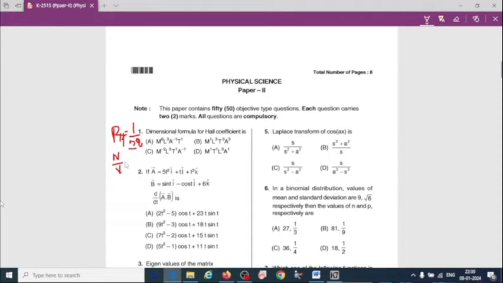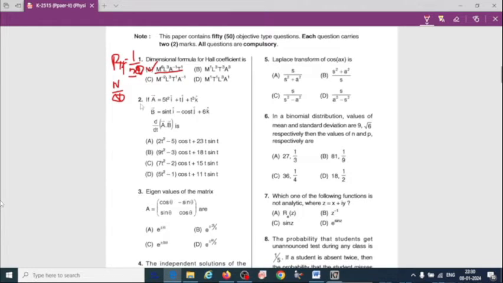So if we substitute the dimensional formula here for volume and charge, then we will get here the option A, M^0 L^3 A^-1 T^-1. So this is the dimensional formula for Hall coefficient.